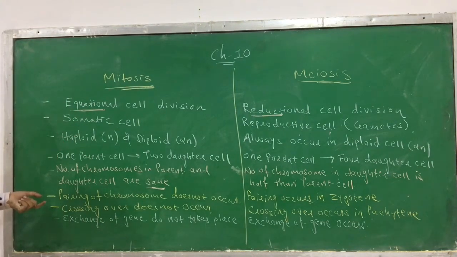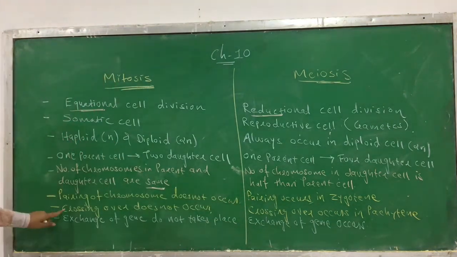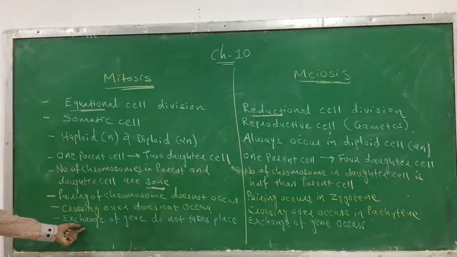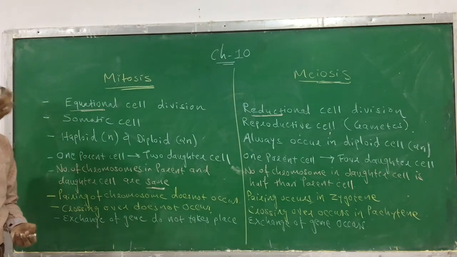Pairing of chromosomes does not occur in mitosis, but pairing occurs in zygotene. Crossing over does not occur. Here the crossing over takes place. Exchange of genes does not occur. Here the exchange of genes takes place. Okay.